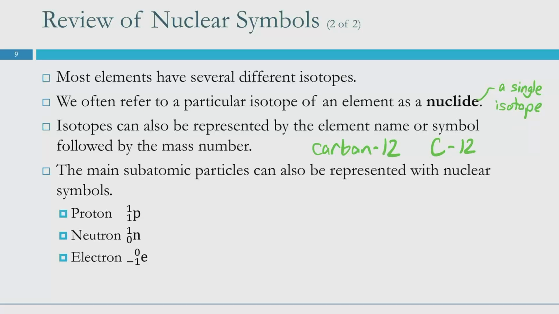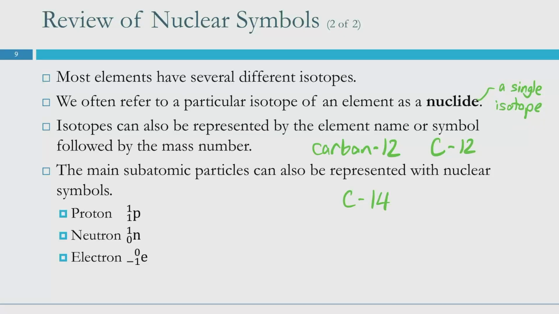So carbon-12, for example, that's a stable isotope of carbon. It doesn't just have to be radioactive isotopes. We can list any isotope, including stable ones. So carbon-12 is the most common one. Carbon-14 would be the one that's used in carbon dating. That one's radioactive.